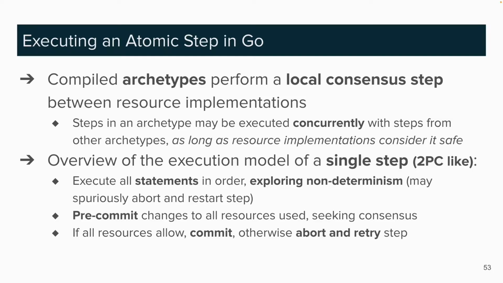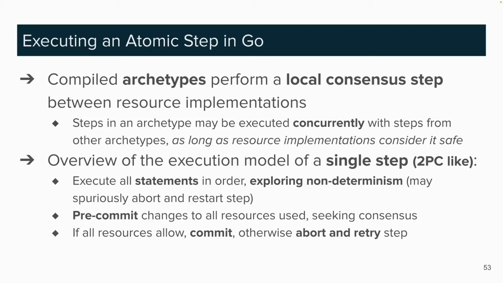So what you'll do is you'll speculatively try to execute all the statements in order. You'll make whatever non-deterministic choices seem reasonable. You could even just toss a coin to see which branch of a non-deterministic choice you might take. And at any time, you might discover that you can't take that path, and so you can just give up, because everything is speculative at this stage. Then, at the end, you run a pre-commit step, like the step of the same name in 2PC.